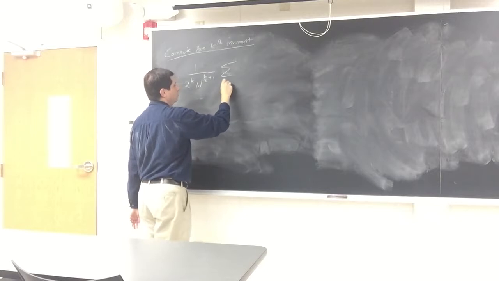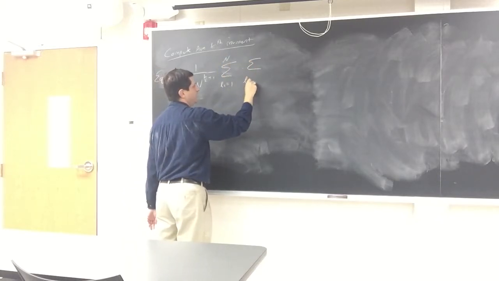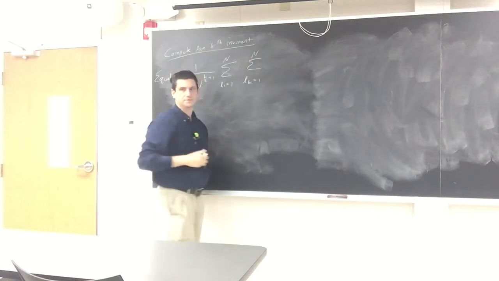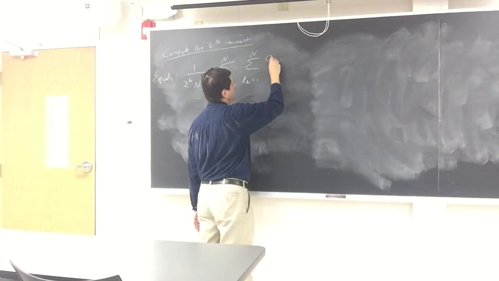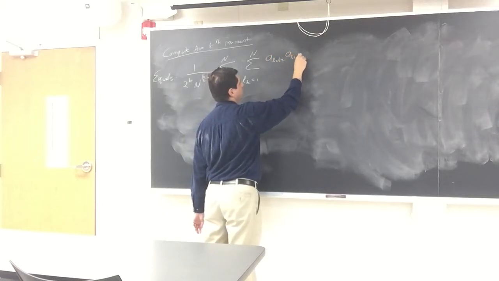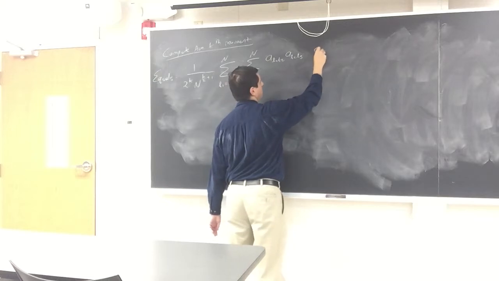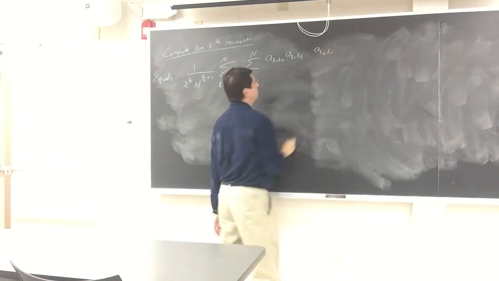The sum over L1 goes from 1 to n, dot, dot, dot, the sum over Lk goes from 1 to n. Then we had A L1 L2, A L2 L3, all the way up to A Lk L1.